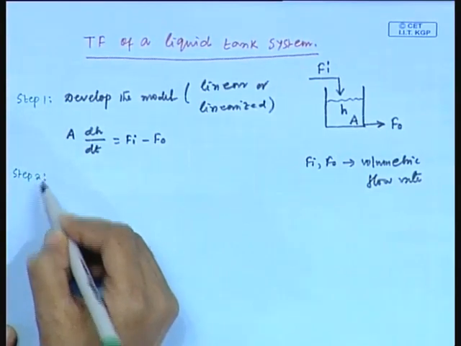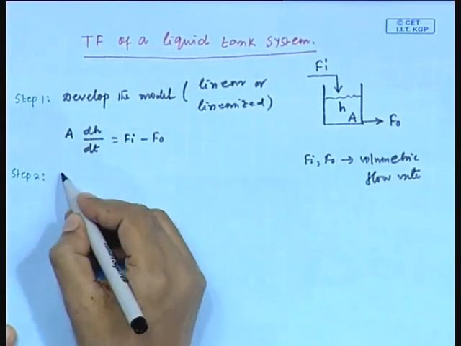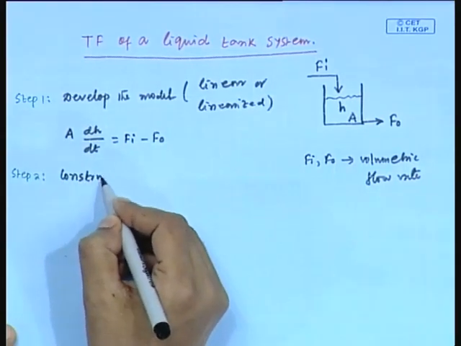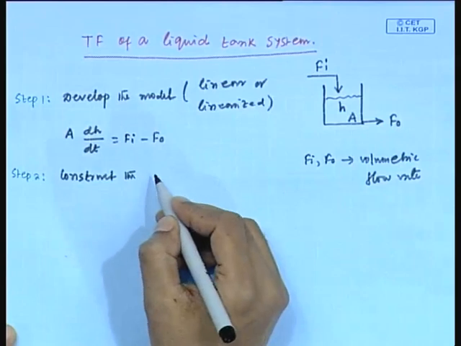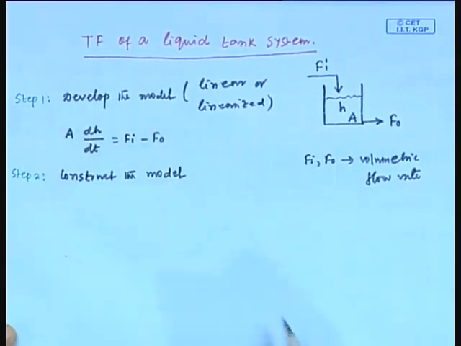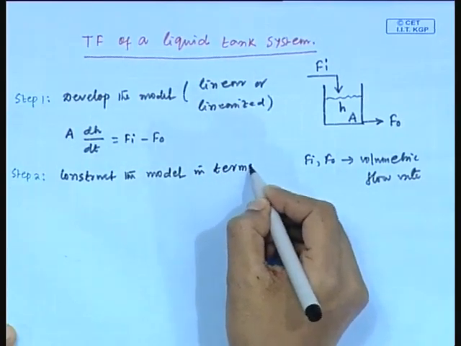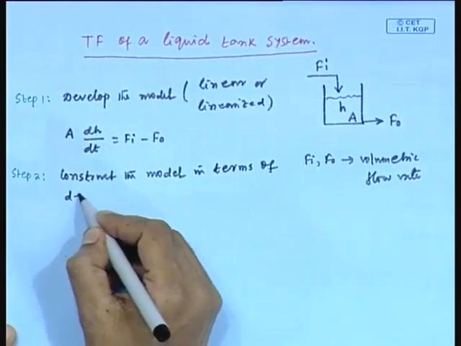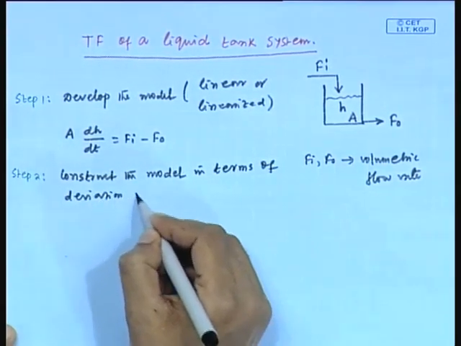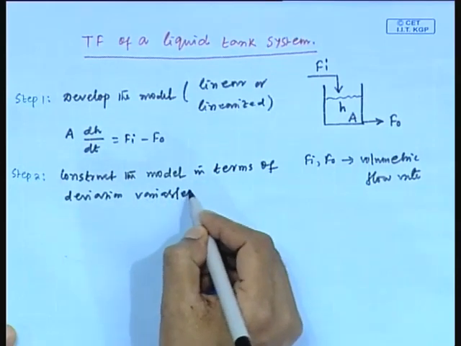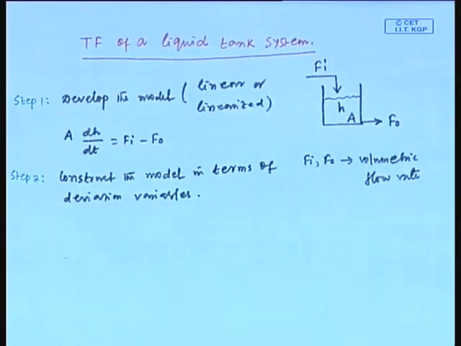In step 2, we need to construct the model in terms of deviation variables. So, to construct the model in terms of deviation variables, we have to consider the model at steady state.